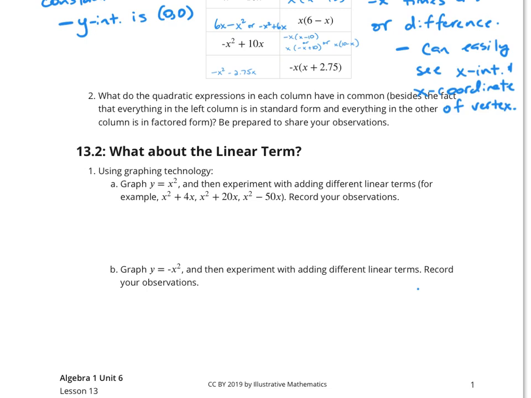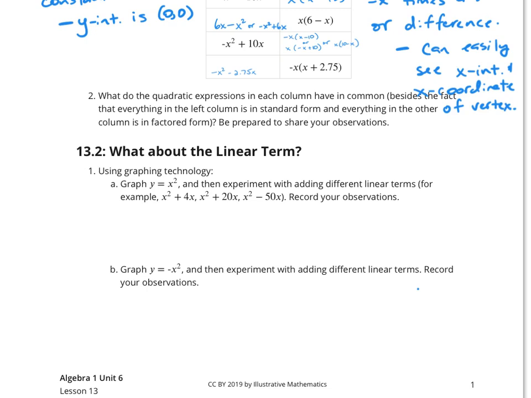All right, so some things that I noticed when I tried experimenting with different linear terms in the equation y equals x squared is that it still looked like a quadratic function. It's still a parabola, but what's happening is that it's shifting both horizontally and vertically.